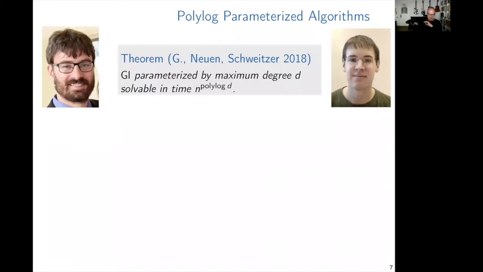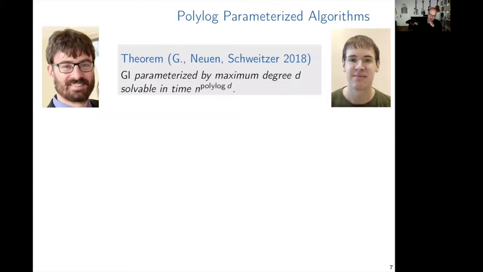Graph isomorphism parameterized by maximum degree is polylog parameterized, so PLP. That means it's solvable in time n to the polylog d.